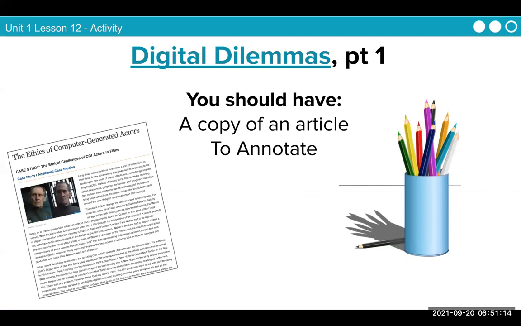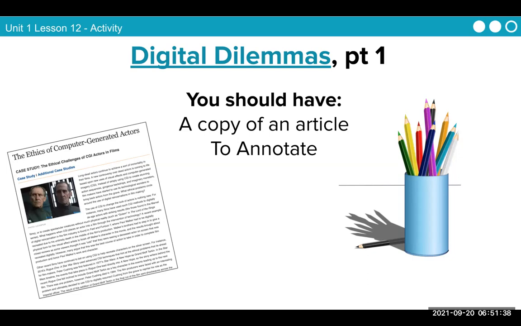Once we get everyone as a 1, 2, or 3, we will create smaller groups of 1s, 2s, and 3s to work together. And then we're going to switch up. A 1, a 2, and a 3 are all going to work together and compare their notes. Okay, does that make sense?